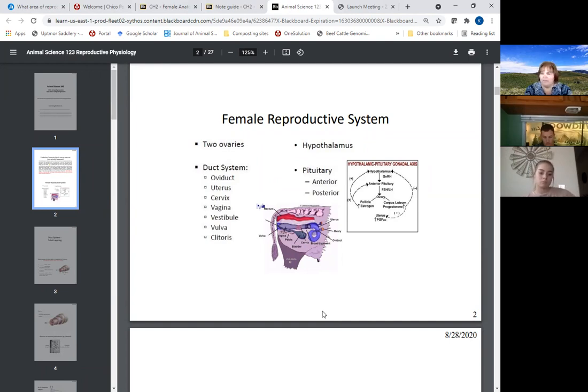The reason for this is because chapter 2 and chapter 3 both, but we're talking about chapter 2 this week, is really providing some foundation. So this is where memorization should come in. Because when we get to chapter 4, chapter 5, and then the rest of the semester where we're talking through different management scenarios, you guys need to know without having to go back and look at what the vagina is and what it does and what hormones it responds to.